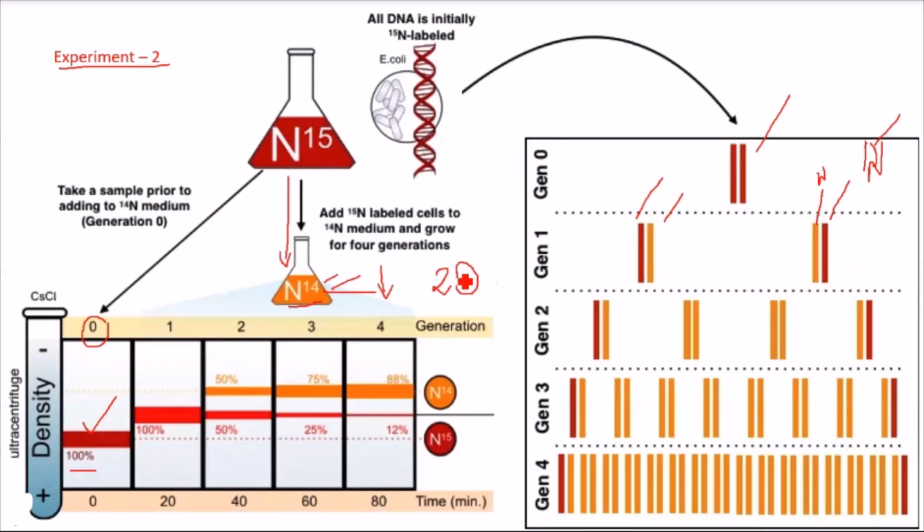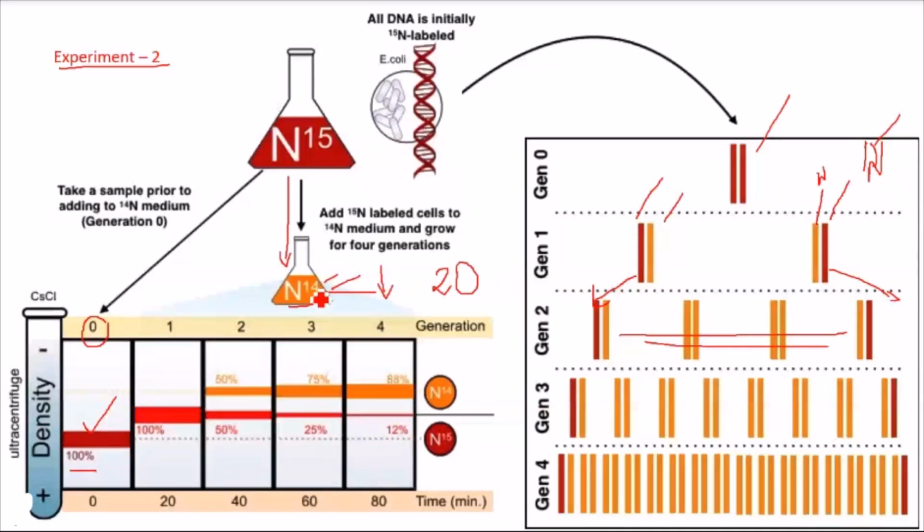Here one strand as such is present, here also one strand, that is N15, is present. All the remaining strands are N14 because the medium is N14 medium. E. coli takes nitrogen from the NH4Cl medium, so newly synthesized DNA is N14, the normal isotope.